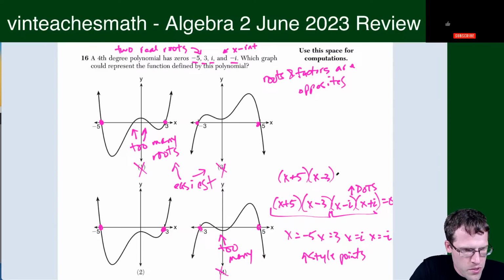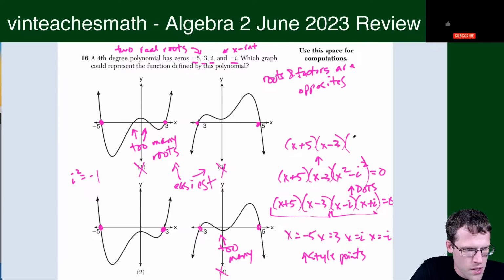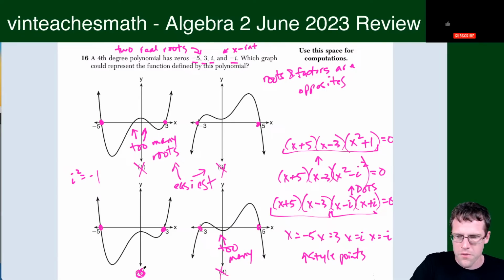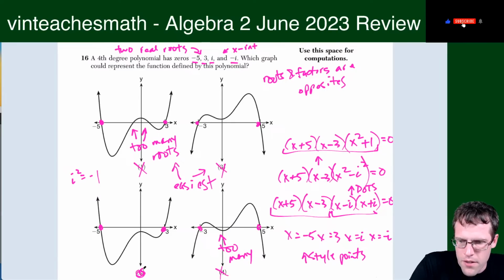If you want style points, that's x squared minus i squared, and i squared, remember, is -1. So this was all set equal to 0. You'd have x plus 5, x minus 3, and parentheses here, of course, then x squared minus -1, or plus 1. If you type this into a calculator, it should look like this. Choice 2. All right, cool.